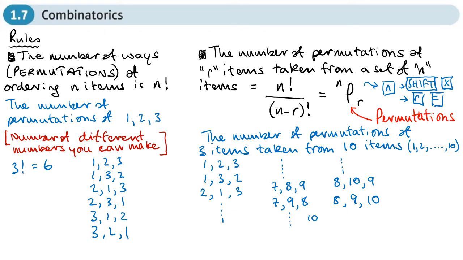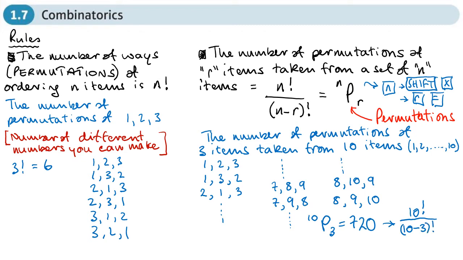Now, if I was to do all of these, I would have quite a long list. So if I use nPr on my calculator, I've got 10 items, and I'm picking 3 from that list. If I work that out on my calculator, I get 720. If I use the manual way of working it out, I'll also get 720.